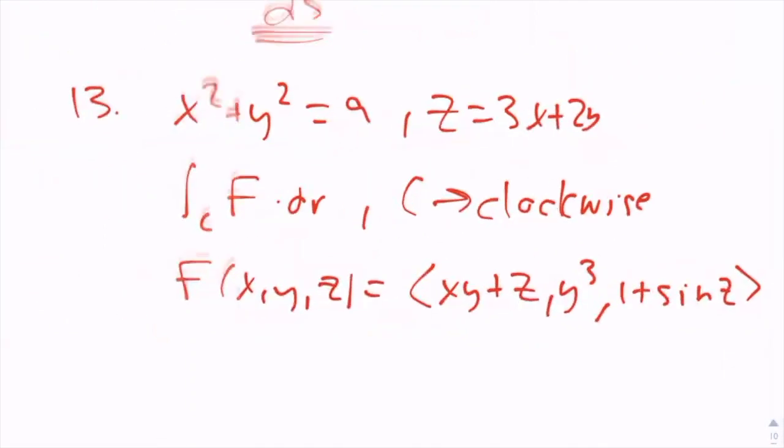Just note that I didn't write down the whole question here. I wrote down the key pieces of information that will make my problem solving journey a lot easier. So now let's go ahead and solve our question.